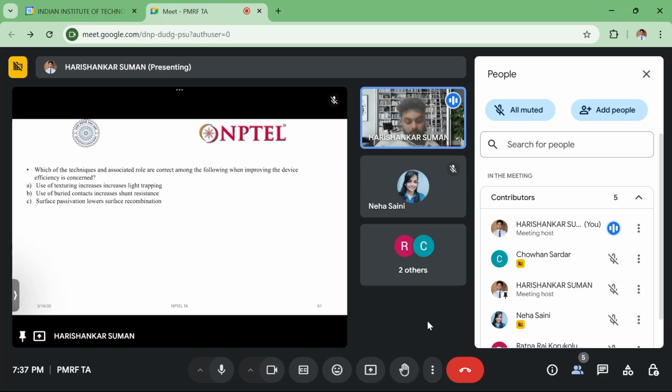Which of the techniques and associated roles are correct among the following when improving device efficiency is concerned? Yes, please choose your answer.